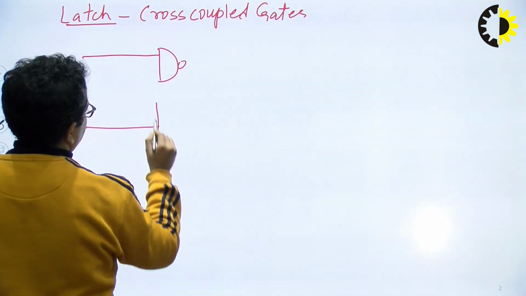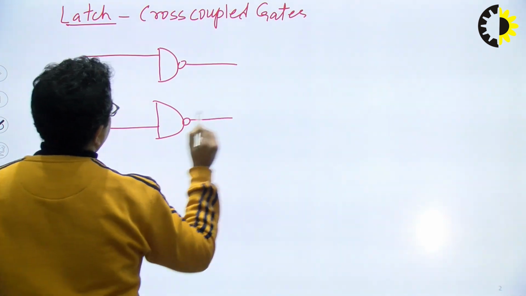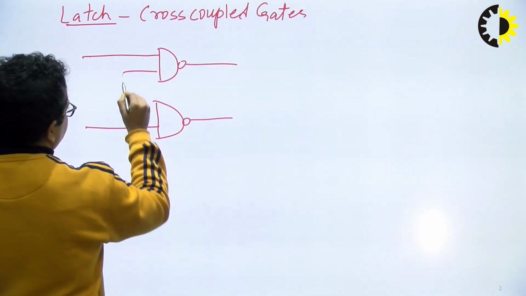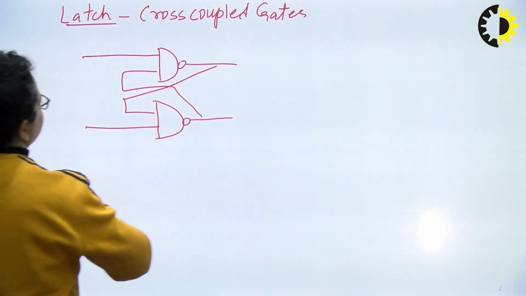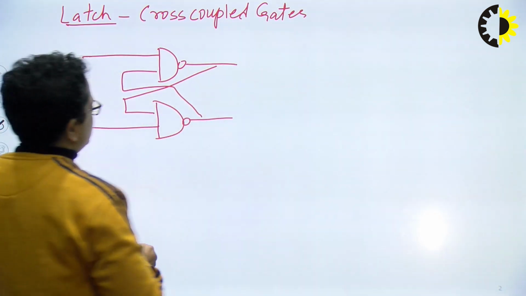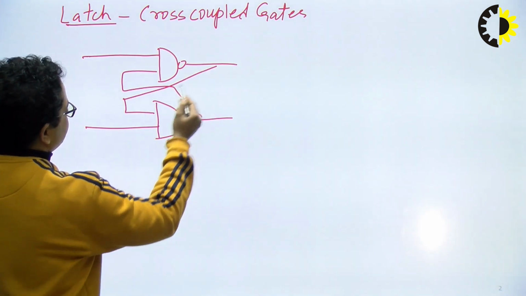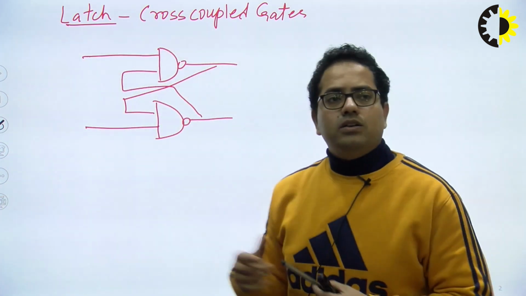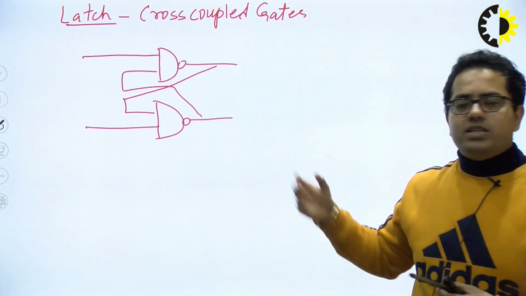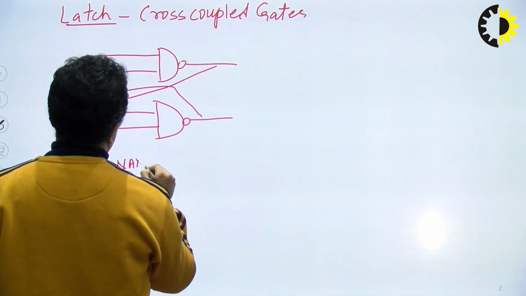So how will it look? Your latch is basically implemented using NAND as well as NOR gates. What is the meaning of cross-coupled? The output of the first NAND gate is connected as an input to the other NAND gate. So that is a cross-coupled device, and this is a latch using NAND gates.